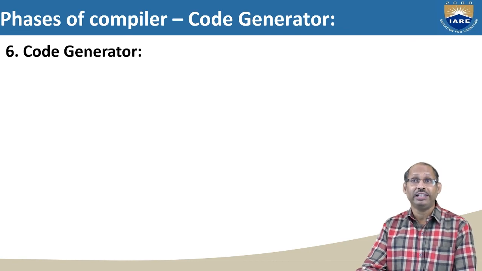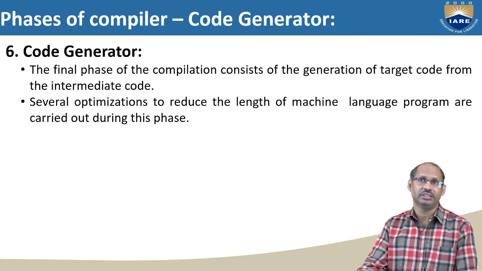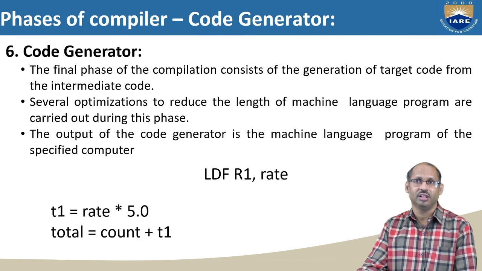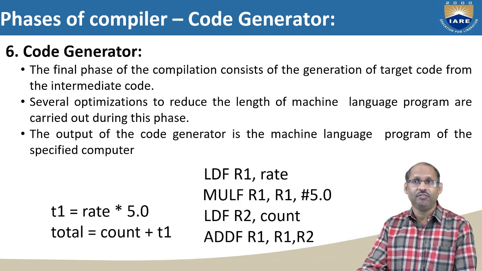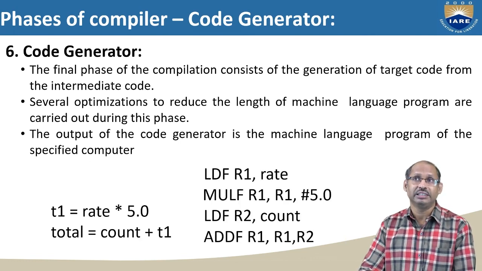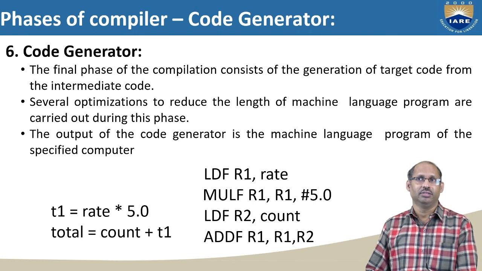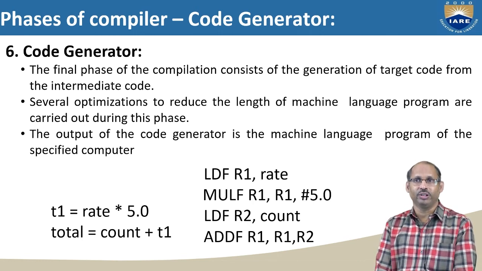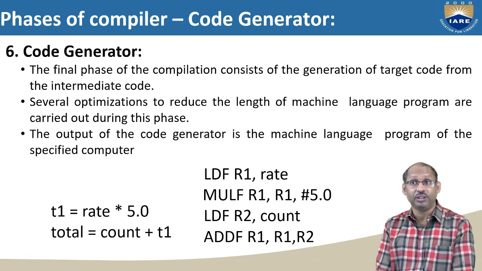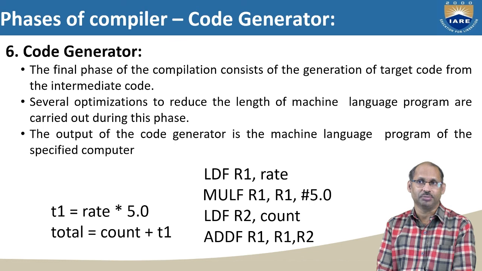Then the final phase is the code generator, right? The optimized intermediate code will be converted to assembly language or machine level language programs.